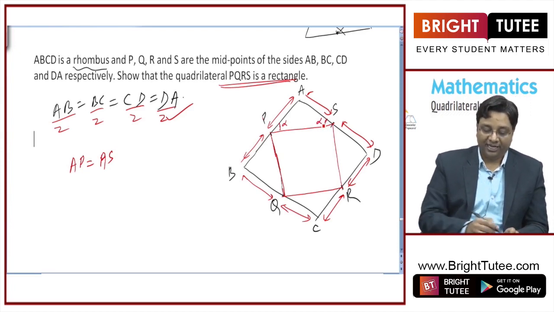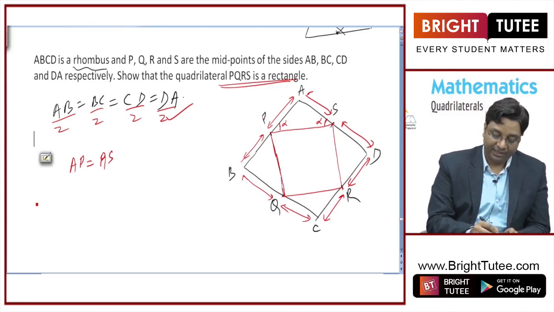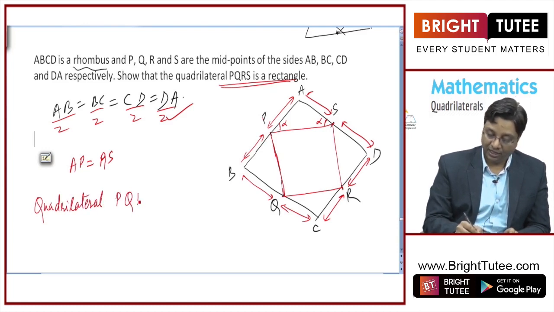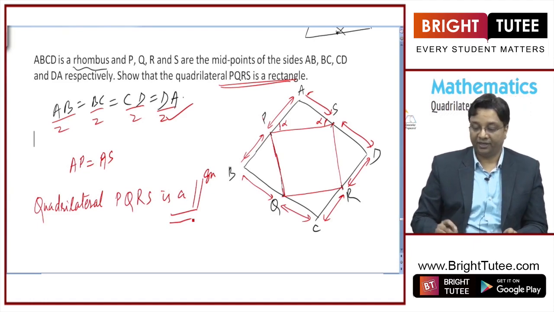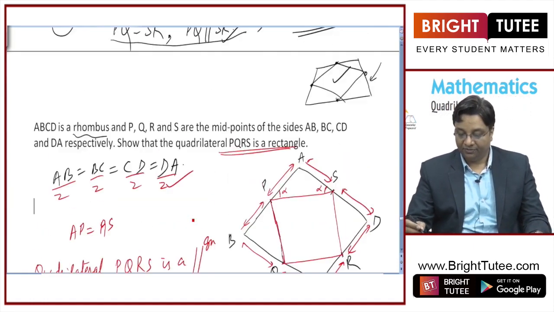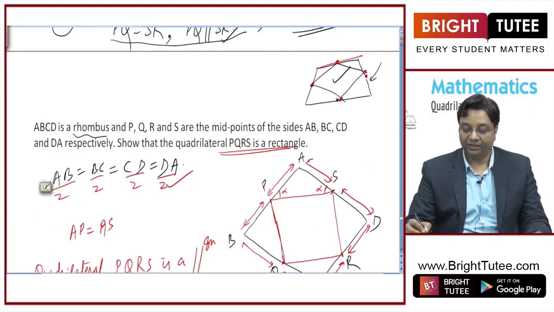Okay. So can I make a statement here that quadrilateral PQRS is a parallelogram? Can I make this statement? Yes, because if there is any quadrilateral and I join the midpoints of every side like this, the quadrilateral inside will be a parallelogram.